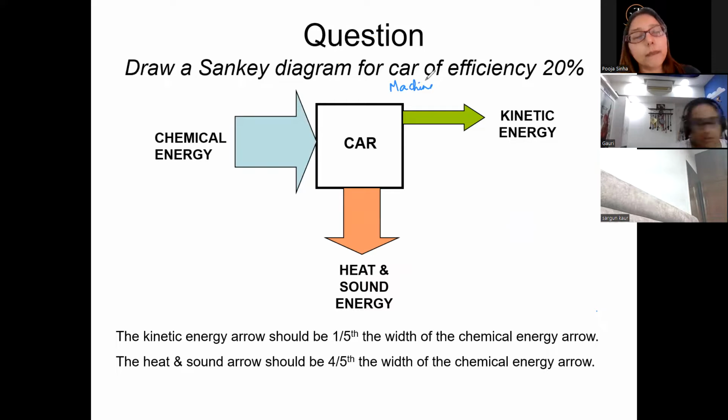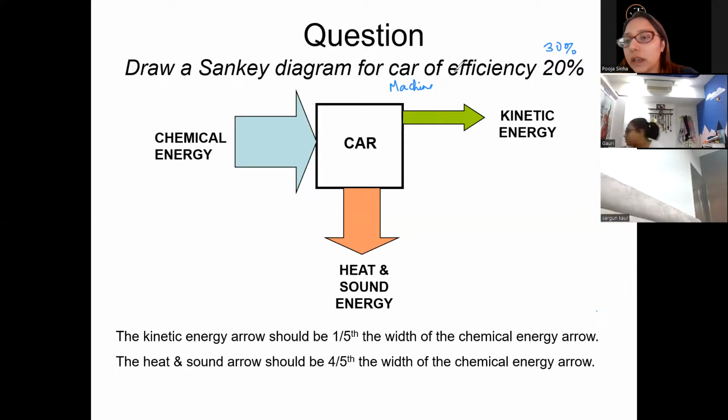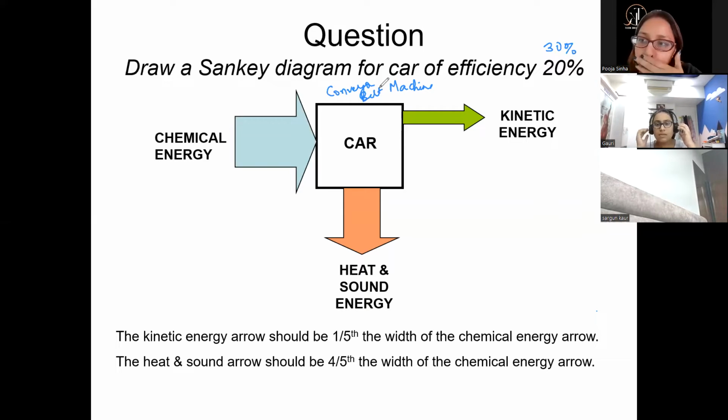And efficiency is 30%. And machine runs the conveyor belt. So it's a conveyor belt. Conveyor belt समझते हो आप क्या होता है? Yeah, the ones in the airports. Airports वाला, हाँ, very good.